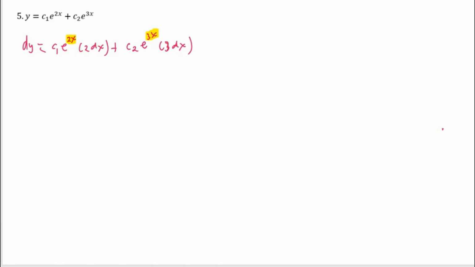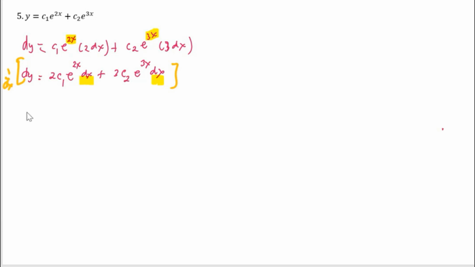Simplifying the right hand side, we have dy is equal to 2c sub 1 of e raised to 2x dx plus 3c sub 2 of e raised to 3x dx. Now, similar to what we have done in the previous example, since there is a common dx on the right hand side, we are going to divide both sides by dx, or simply multiply by 1 over dx.